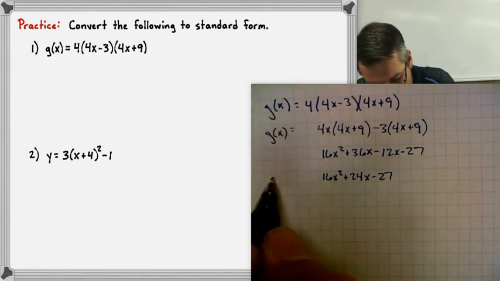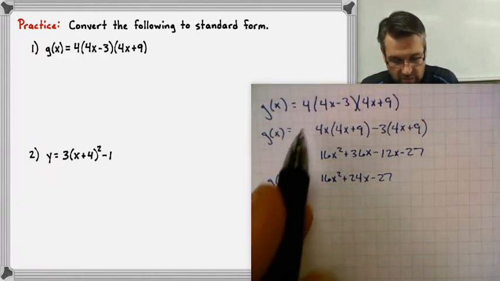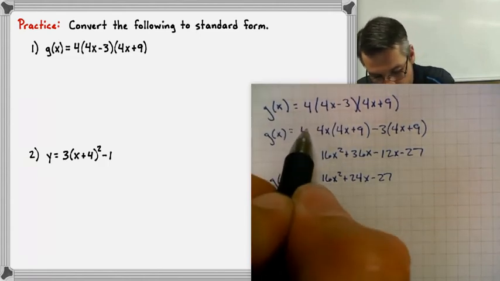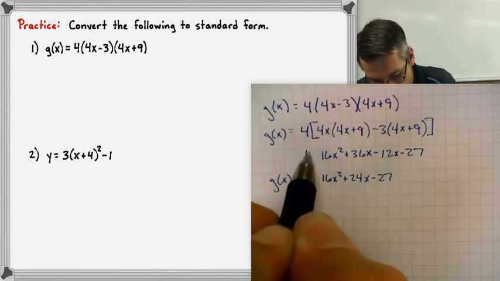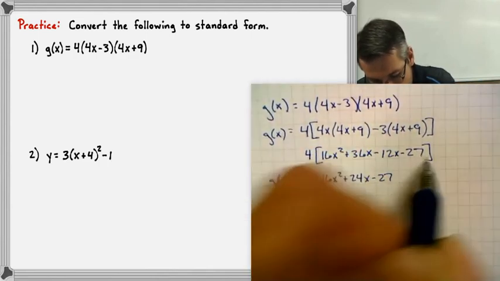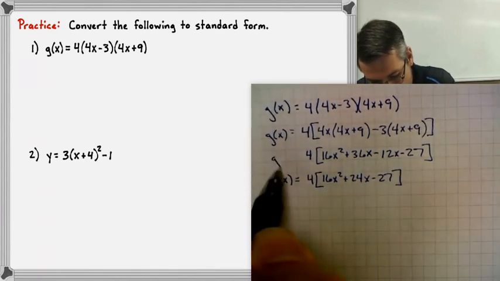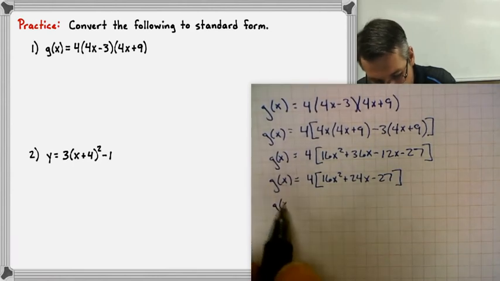Now we might be tempted to say, oh, we're done, but we're not because we left that 4 up here in the dust. We don't want to leave that in the dust, so we want to carry that down. 4 times all of this. We're just carrying it down because we haven't dealt with it yet. And then from here, we can distribute that 4 now.